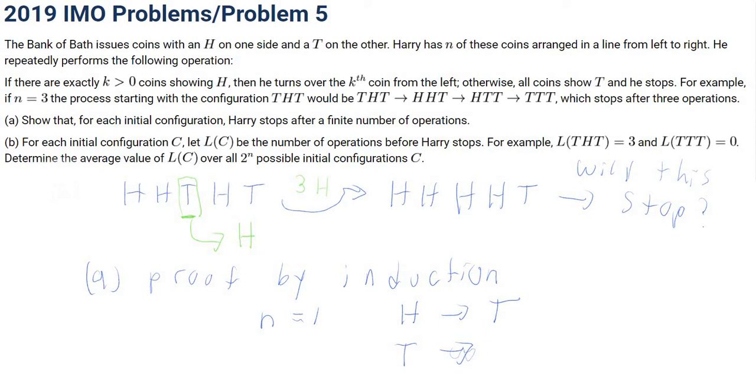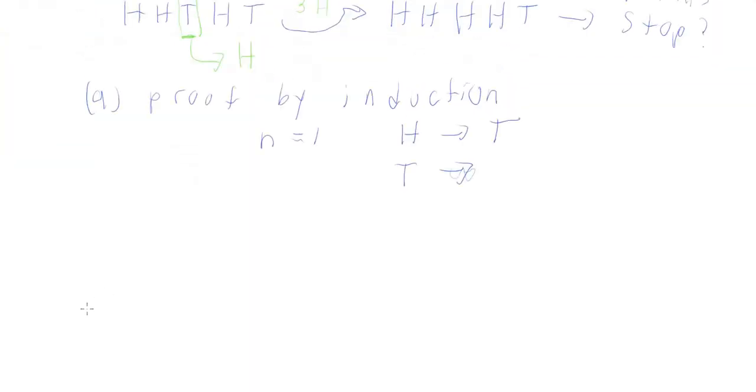Okay, so for n equals 2, there's 4 possible configurations. So HH goes to HT, and that goes to TT. So this part is a little bit tedious and not very insightful.